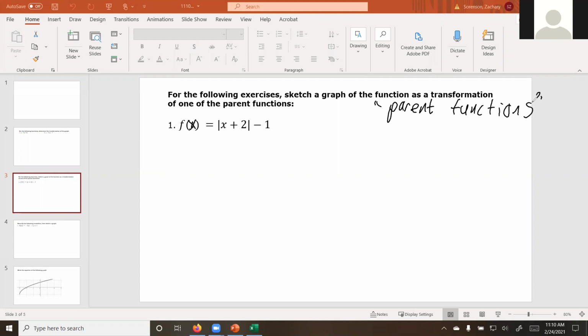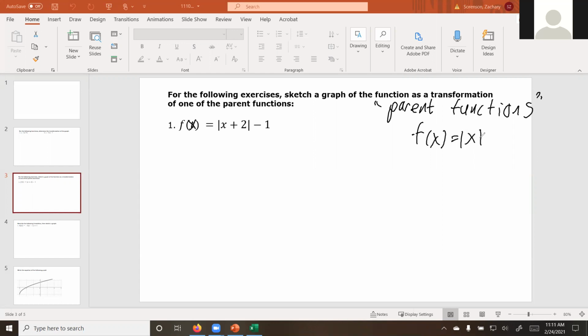And we try to identify them by thinking, okay, what is this before it's getting transformed? What is it before I start adding things and subtracting things and shifting things around? So in this case, my parent function is the absolute value graph.